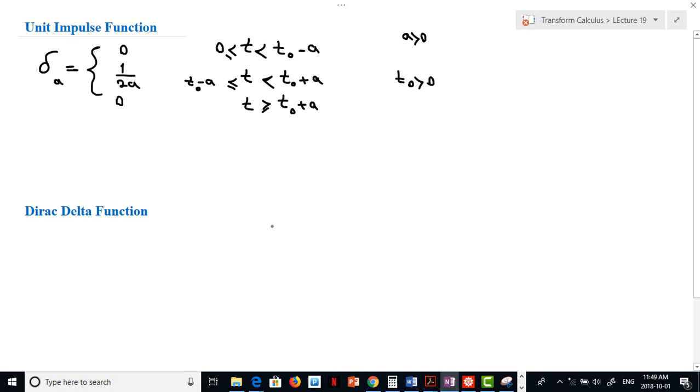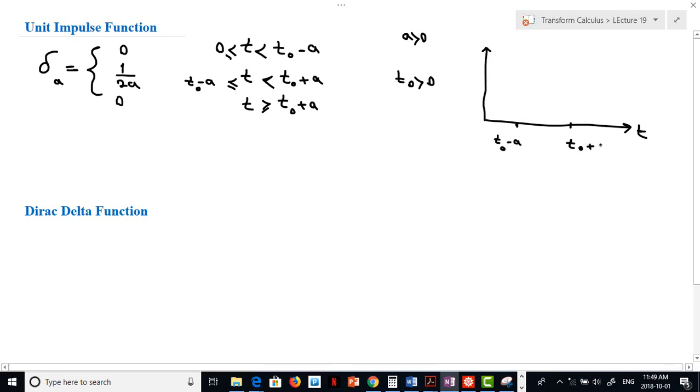If I want to plot the unit impulse function, here we have the t-axis, here is the unit impulse function. Here we have t0 minus a and t0 plus a.